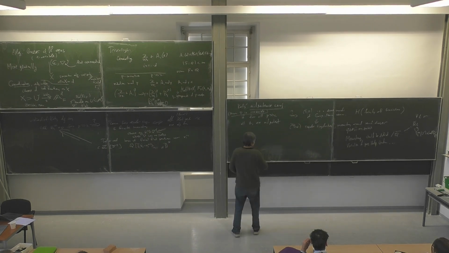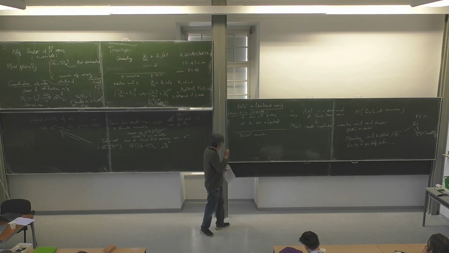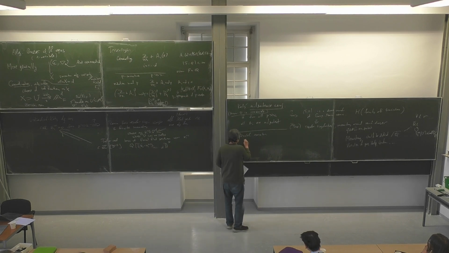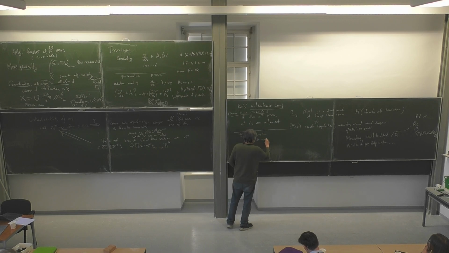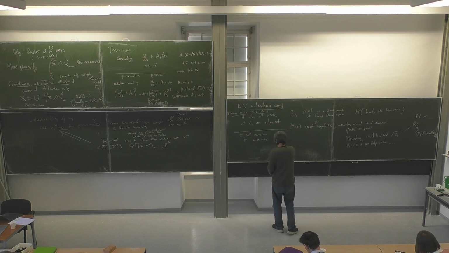The example which I'd like to mention is something called Dunkl operators. Consider Gamma, a finite group generated by complex reflections.